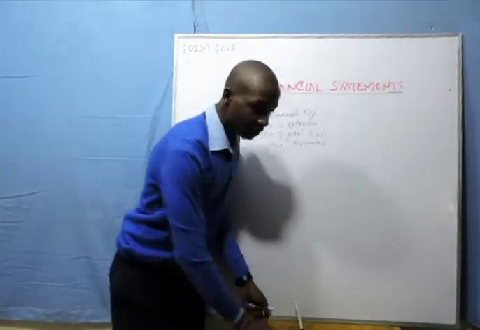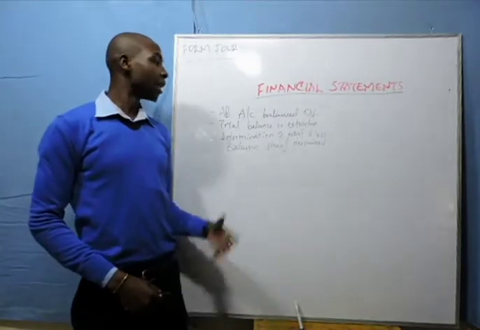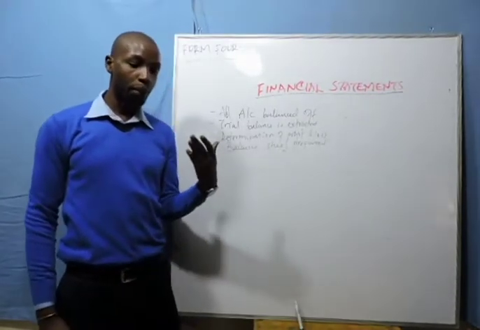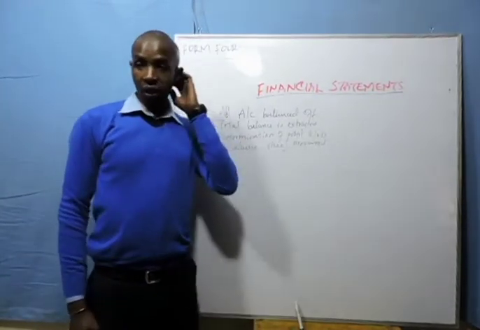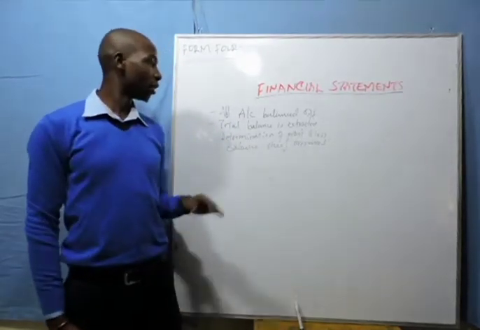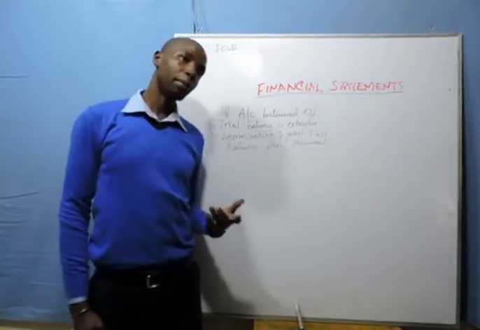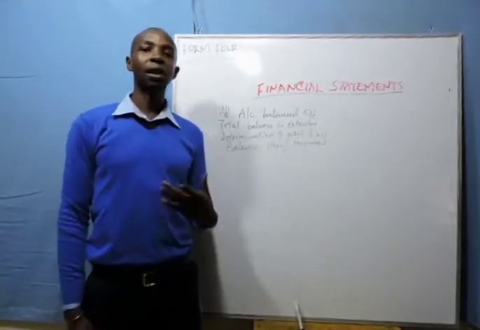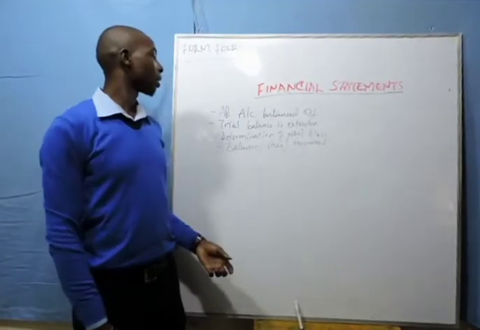So in light of that, we have determination of profit and loss. Every business has an aim of making profit. Without making profit, the business is not actually achieving its objective.